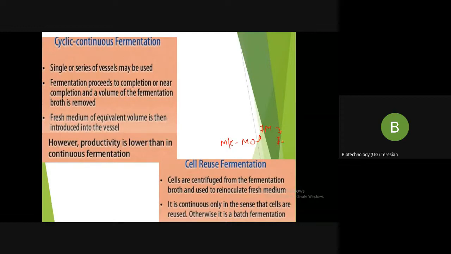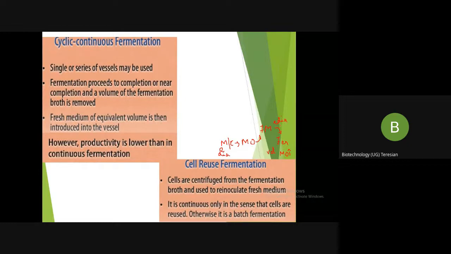So what is happening? The volume of your microorganism is going to increase here. This is your media, and this is your culture. What is your culture? It is a microorganism. So I separated them by centrifugation, and whatever microorganism I got, I put back into the fresh media.